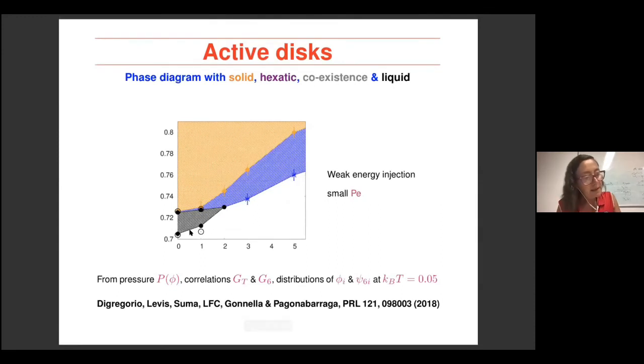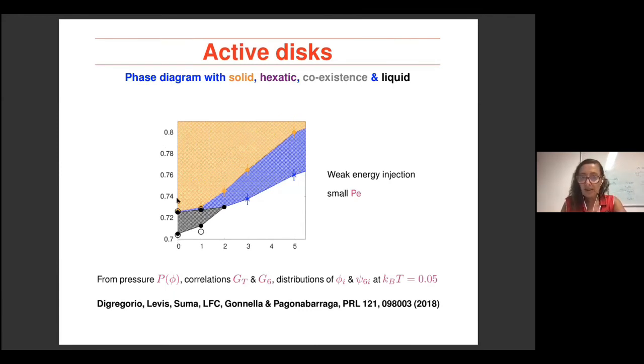With the 10 minutes that I have, let me tell you something about the phase diagram that you find at 0 Peclet and at small Peclet in these problems. This phase diagram here, I didn't write the axes, sorry for that, has Peclet in the horizontal direction and packing fraction, or global density, in the vertical direction. At 0 Peclet, you are in the passive case, no activation, just particles interacting repulsively.